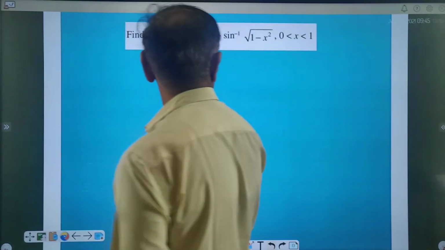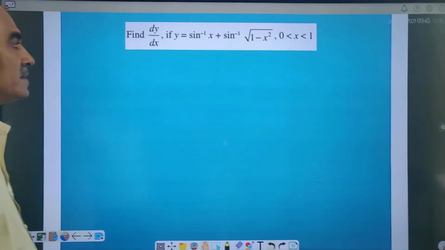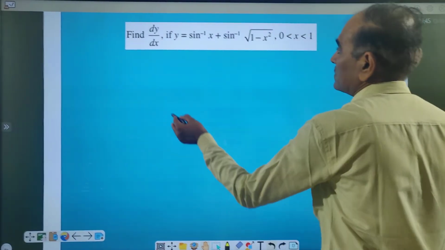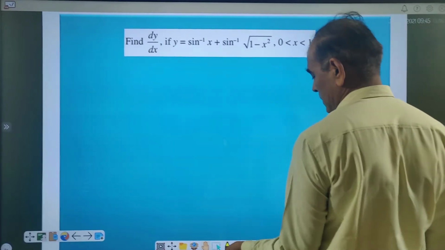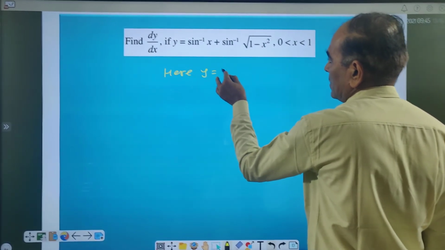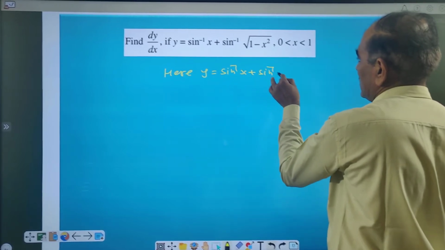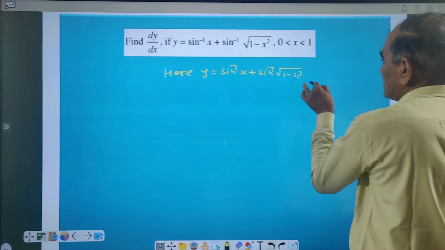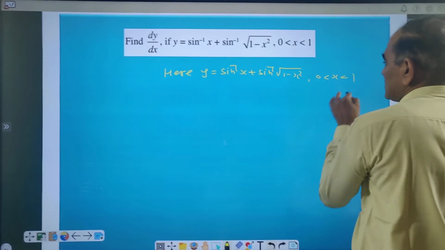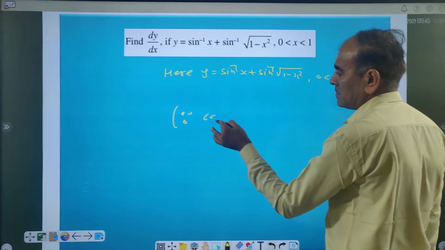Find dy by dx. This one. Dear friends, here y is equal to sin inverse x plus sin inverse under root 1 minus x square, where 0 less than x less than 1. Before I take the next step, I would like to give the answer.